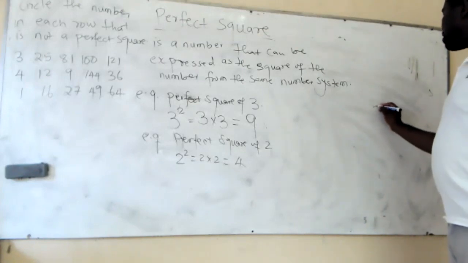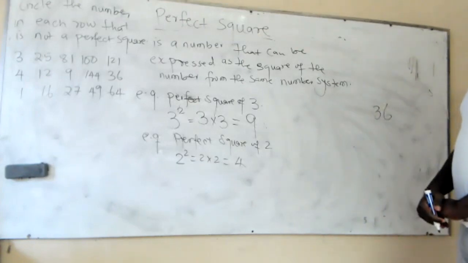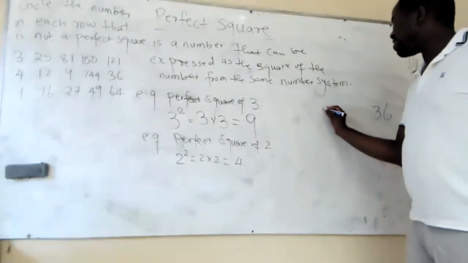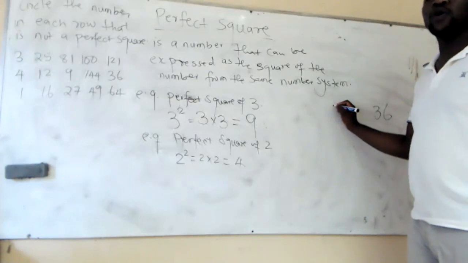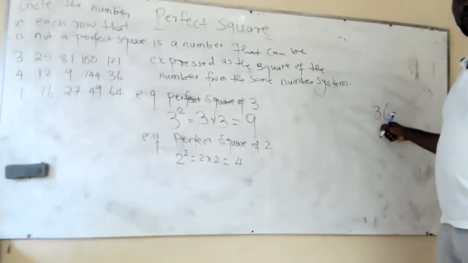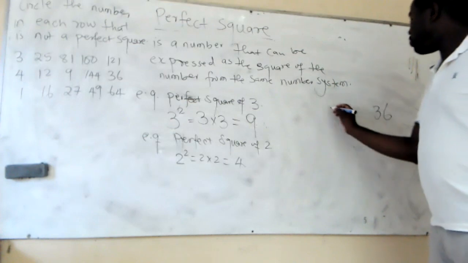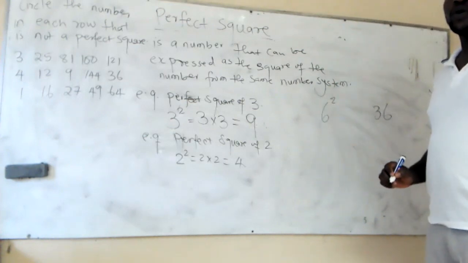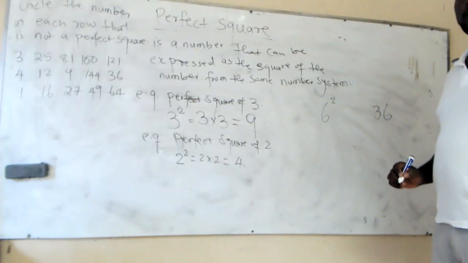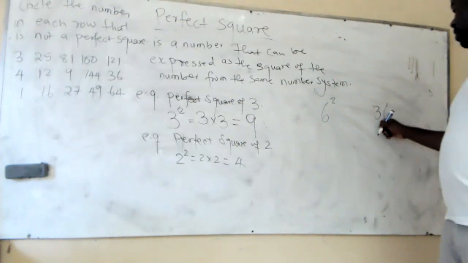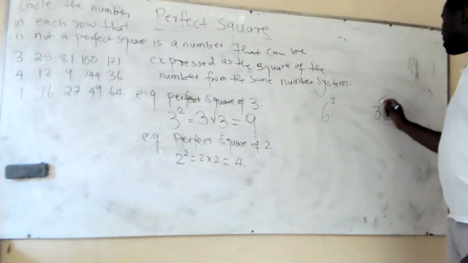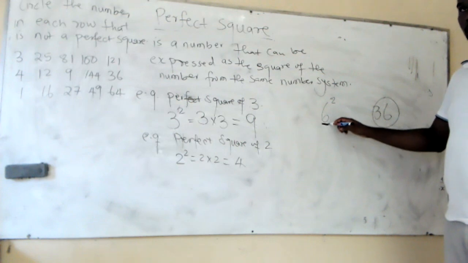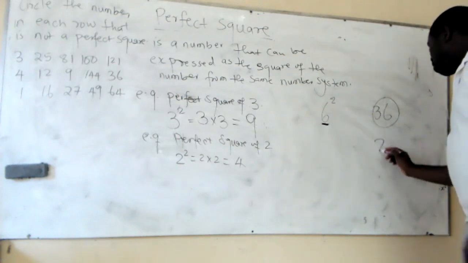Let's say 36. If we are saying 36 is a perfect square, it means that there must be a number which, when you square it, is going to give you 36. So, for example, 6 to the power of 2. What is 6 to the power of 2? It's 36. So it means 36 is the perfect square of 6.